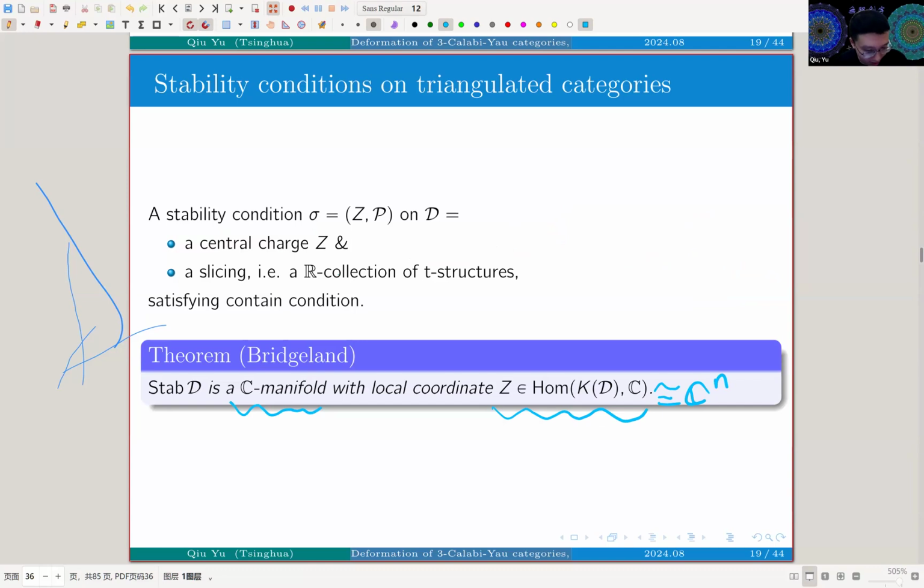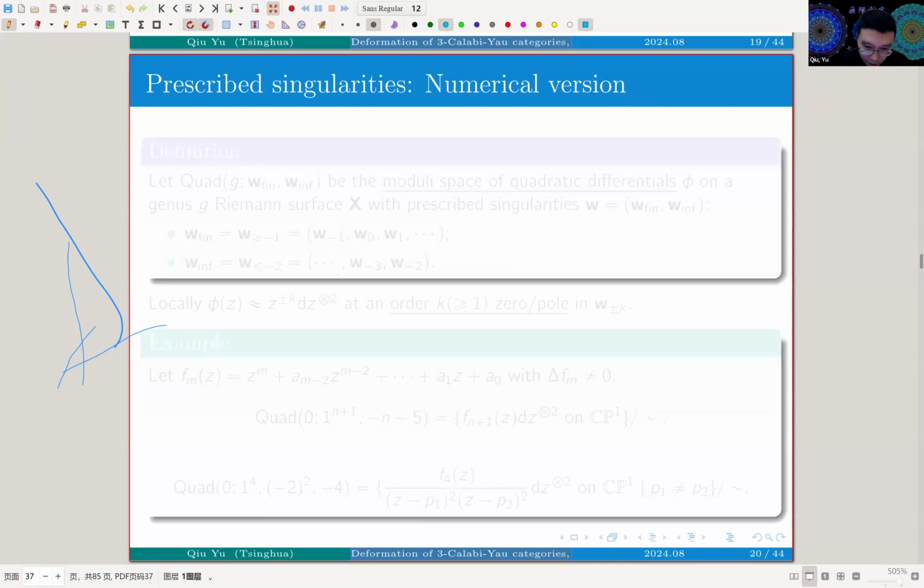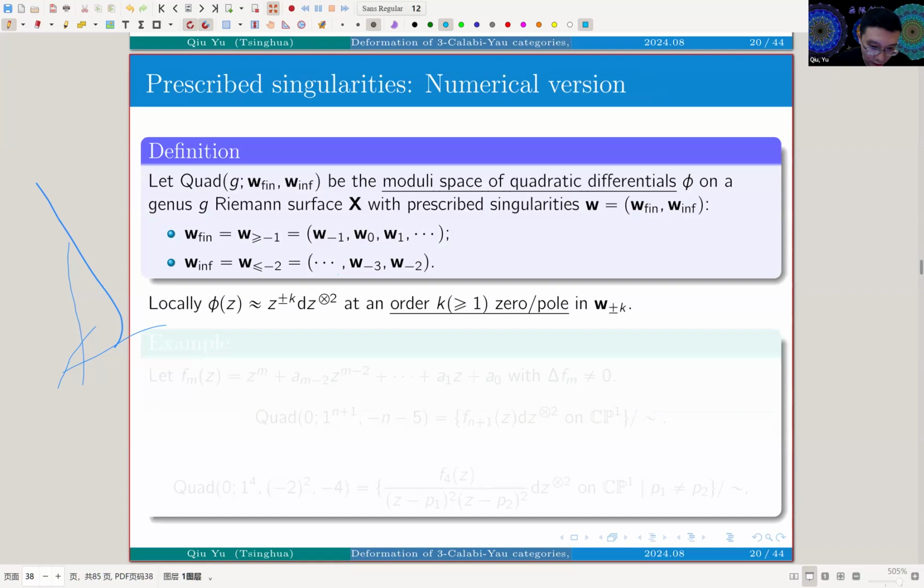But in this talk, I want to emphasize more the mirror side of this complex manifold, which is the moduli space of quadratic differentials. So the first definition for this moduli space is given by some numerical data. So we have a Riemann surface of genus g, and you need to give me a bunch of integers.